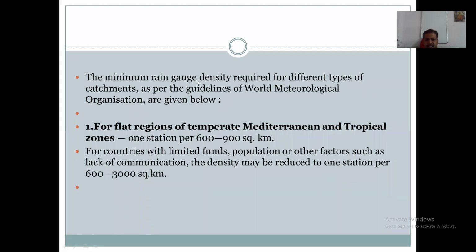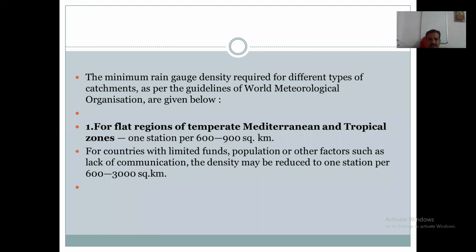What is the minimum rain gauge density required for different types of catchment? For this, the guidelines are given by the World Meteorological Organization. Depending upon the catchment area, the rain gauge network is designed.